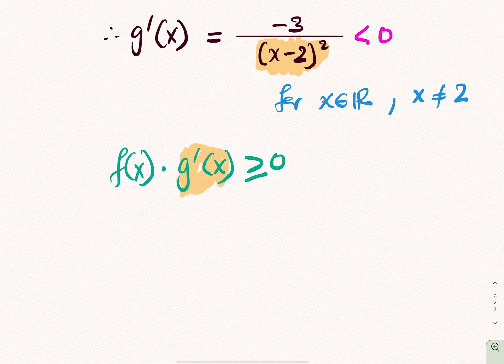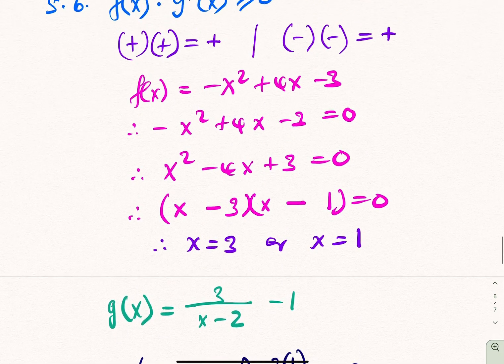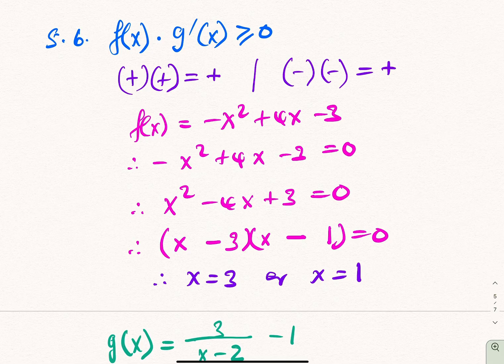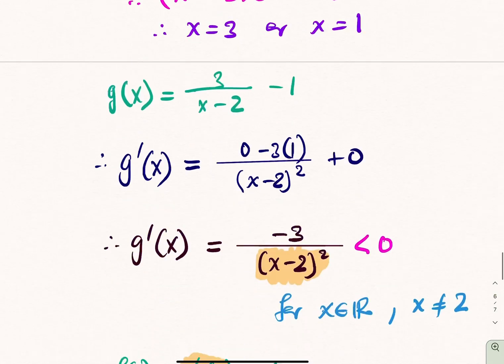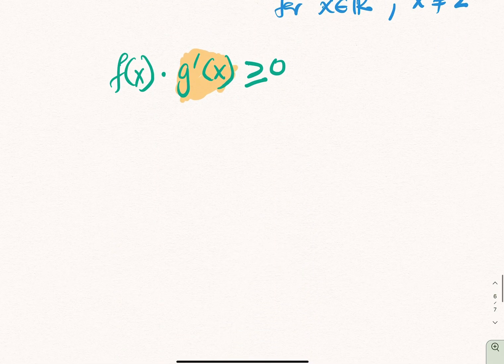So I'm going to look at the graph of f where it's negative, because remember I said you need either positive or negative. So my g prime is my guiding factor now, that this is negative. It means this f has to be negative.